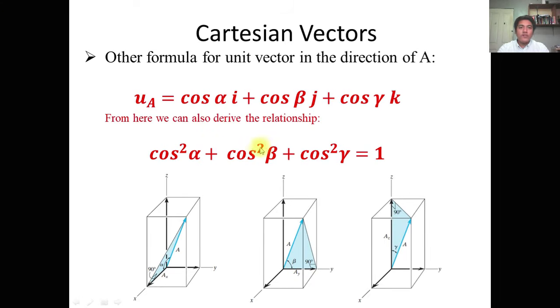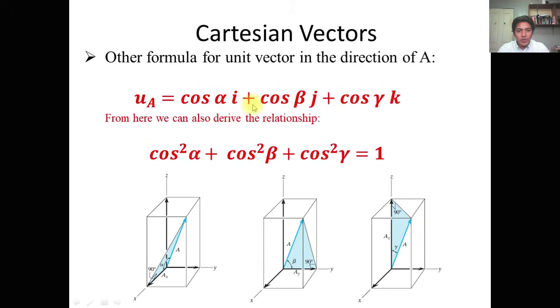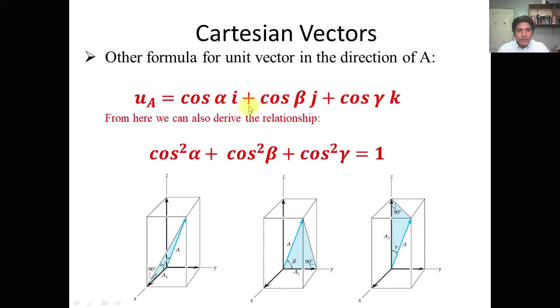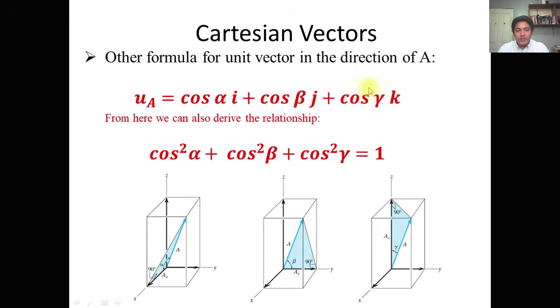So the other formula for the unit vector, as I have said a while ago: cosine alpha is equal to a_x over a. So this a_x over a is now replaced by cosine alpha. And of course, this is a_y over a, cosine beta. And this is a sub z over a, that is the cosine gamma.